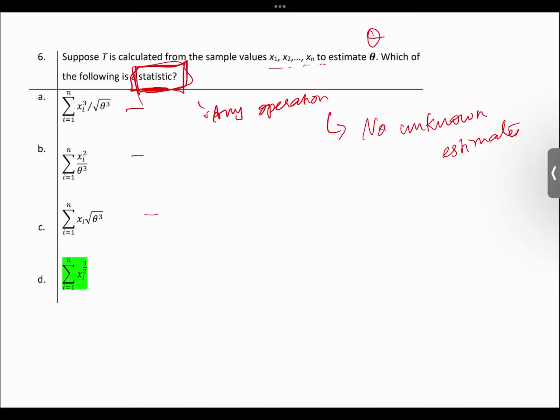In the options given, here you can see theta is unknown. Theta is some unknown parameter.